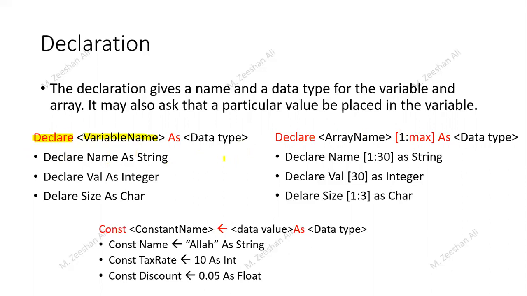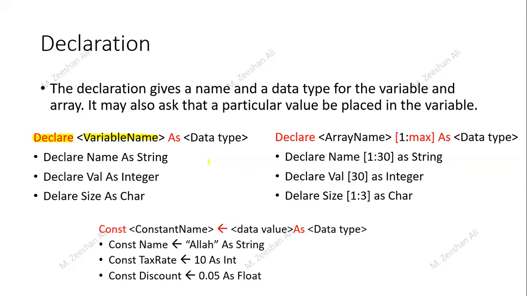But remember, whenever we are naming an array or a constant or a variable, whatever you want to declare, a very important thing is that the name you give should always start with an alphabet. There shouldn't be a number or any special character. You can give any name to the variable.